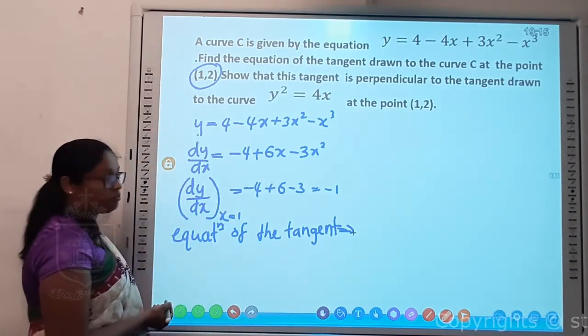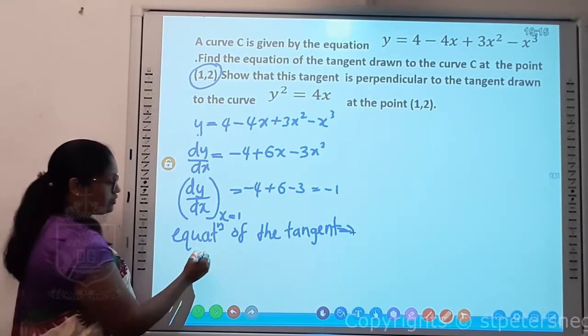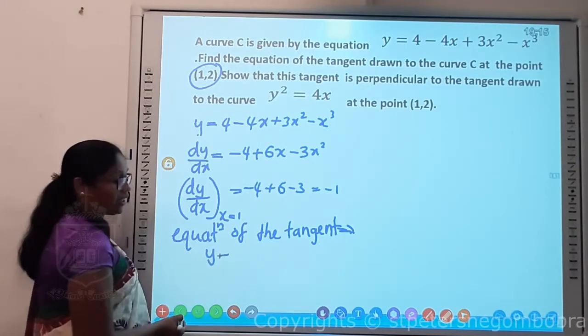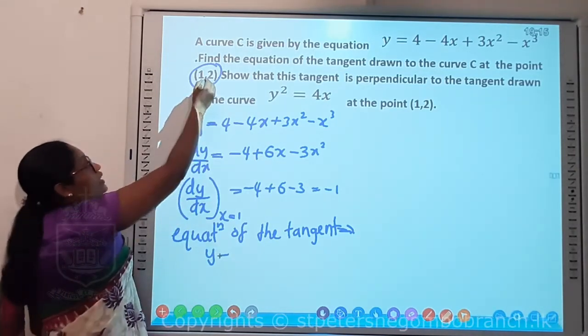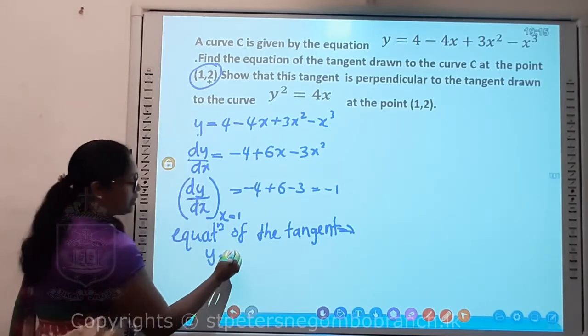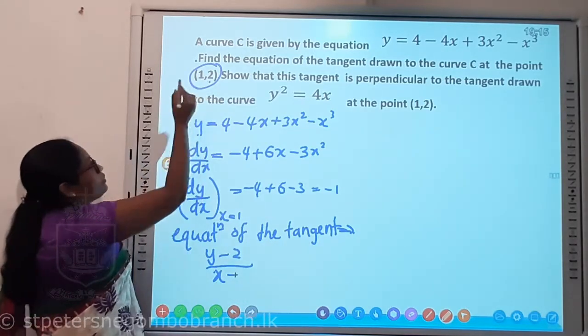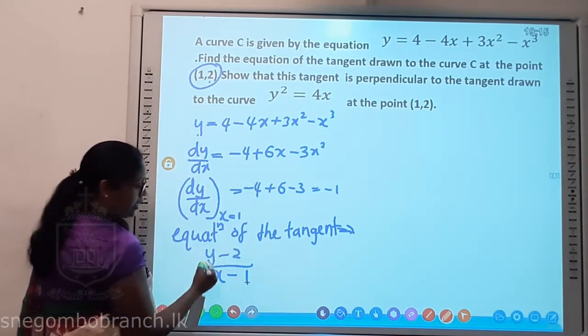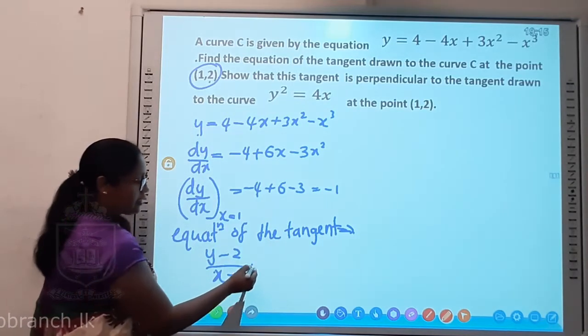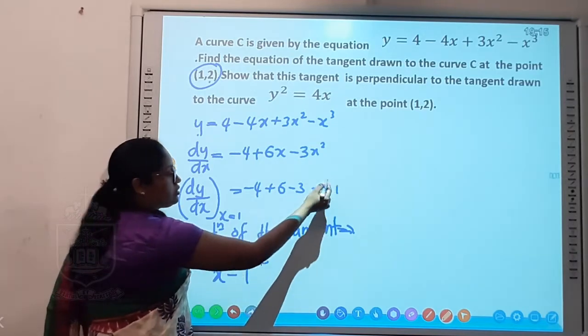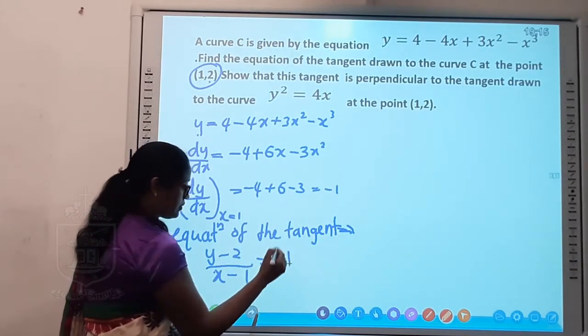I take the general point to write the equation. So y minus the y coordinate of the respective point, that is 2, right? Y minus 2, and x minus the x coordinate, that is 1. This gradient should be equal to the gradient we found, that is minus 1, right?